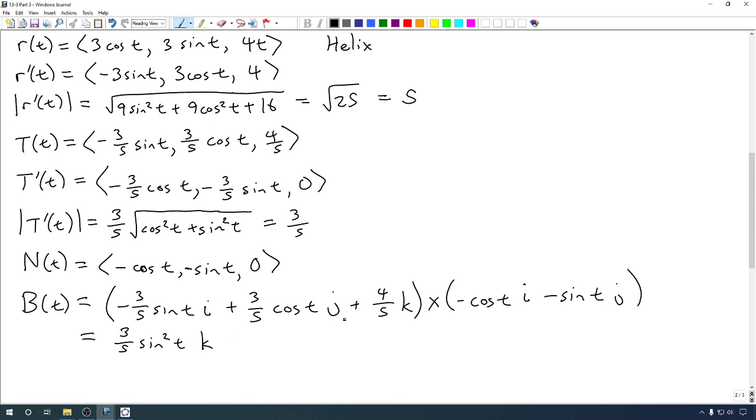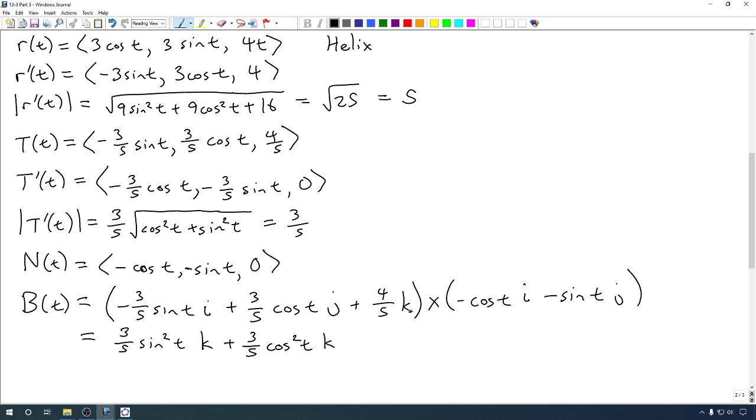Moving on to 3/5 cosine t j, we multiply it by the negative cosine t i. j crossed with i is a negative k, but we already have a negative there. And then the other stuff combines to give us a plus 3/5 cosine squared t times k. j crossed with j gives us a 0 again, so we don't need that one.